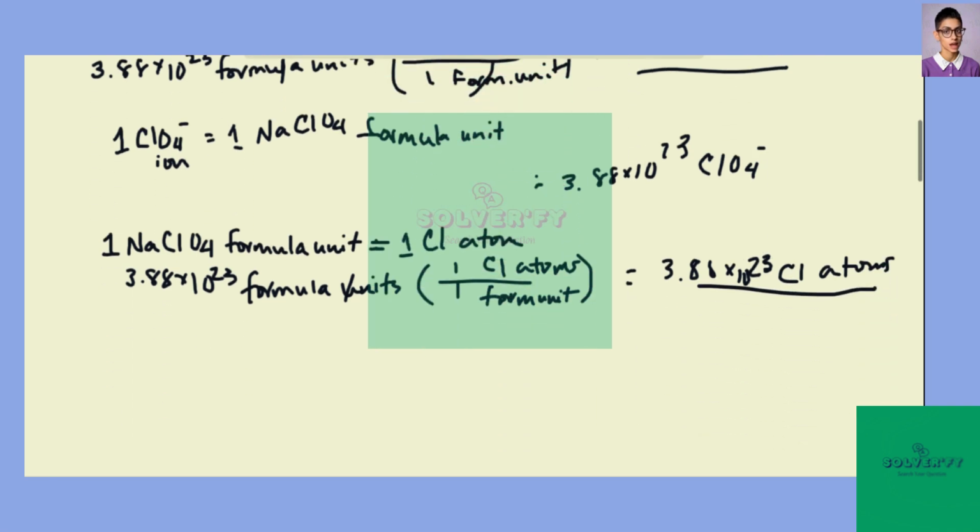If, however, I ask how many oxygen atoms there are, you can see that in one formula unit, there are 4 oxygen atoms.